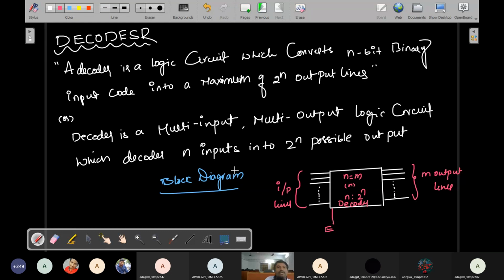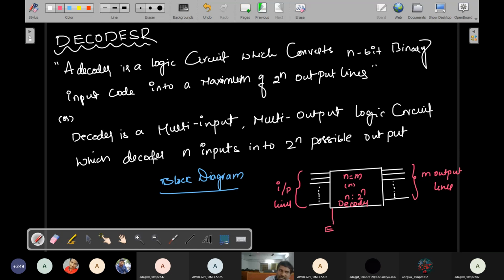Understand what I am saying: once again, see the definition, and from the definition and the block diagram you can understand what I am writing. A decoder is a multi-input, multi-output logic circuit, because this is a combinational circuit. It performs the decoding process.